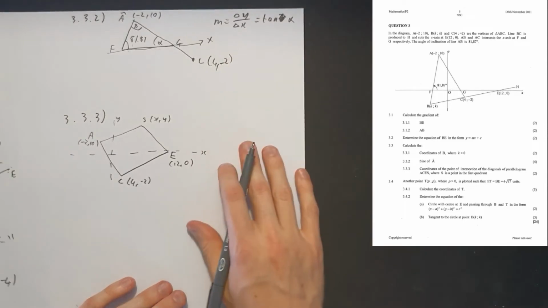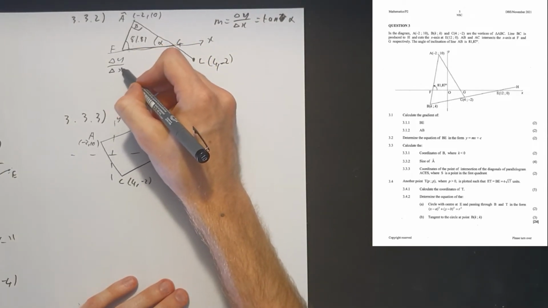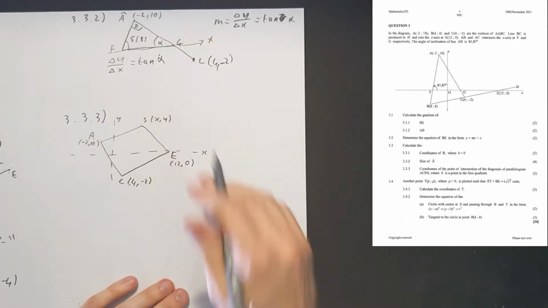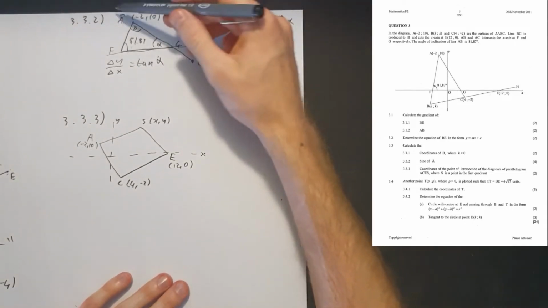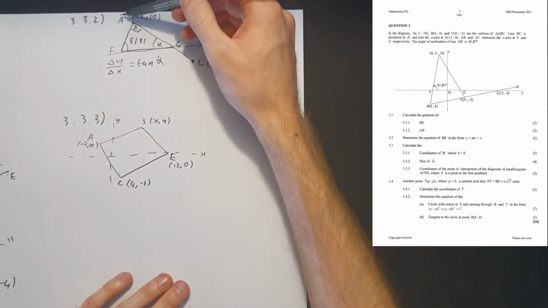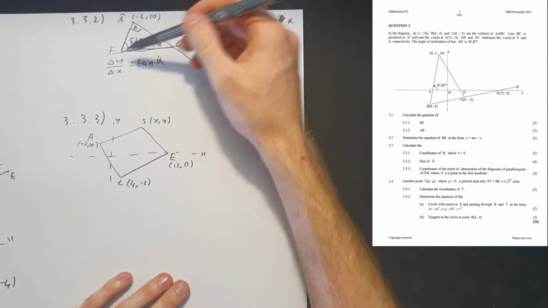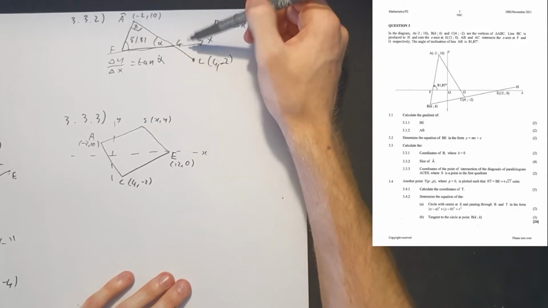I'm going to say that my change in y over my change in x equals tan of alpha. And now we just solve. So we plug in for these two coordinates. Note that it's a diagonal line coming down, so therefore I need to get a negative gradient over here.